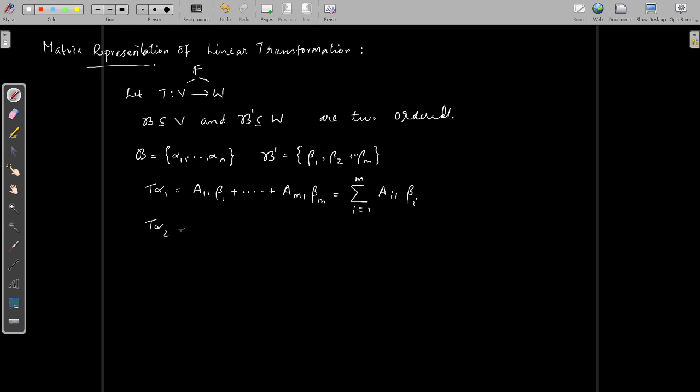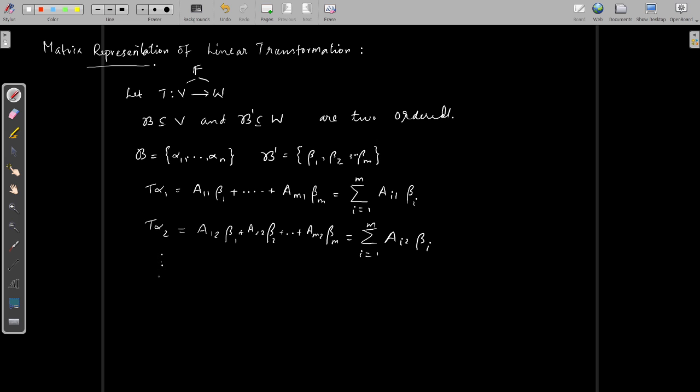Similarly, we write T alpha 2. T alpha 2 is again an element of W and B prime is a basis. Then we write this as a12 beta 1 plus a22 beta 2 plus etc. am2 beta m. That is equal to summation i equal to 1 to m ai2 beta i.